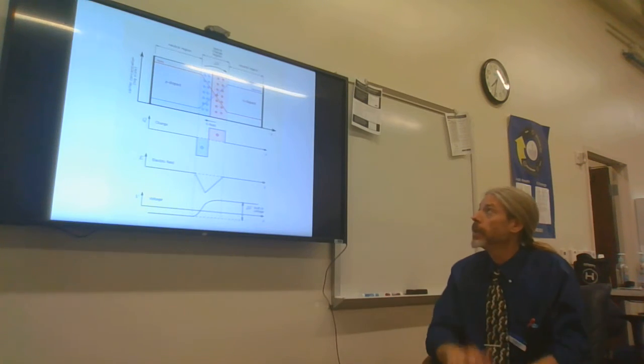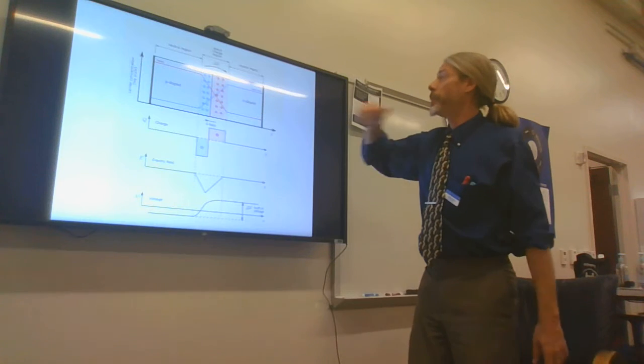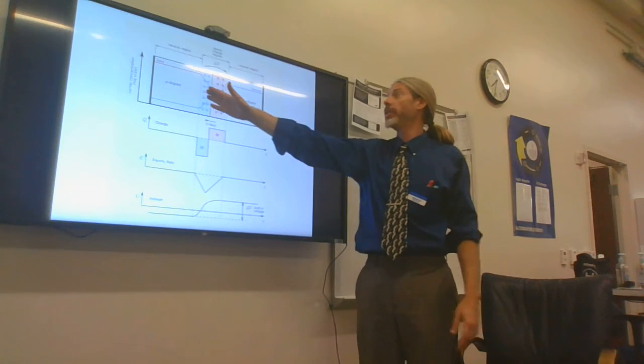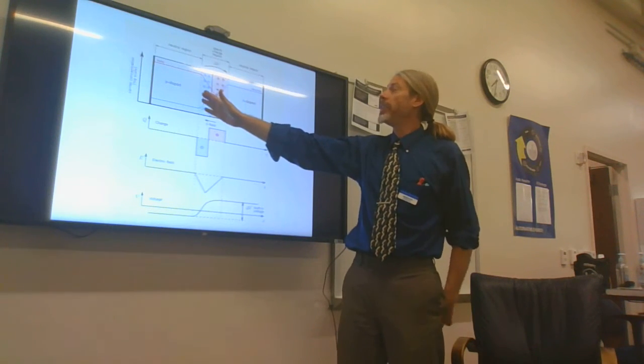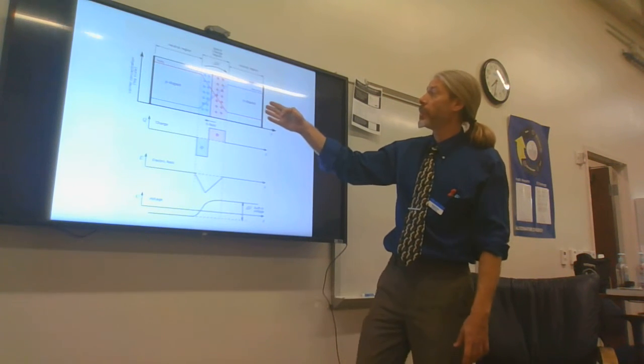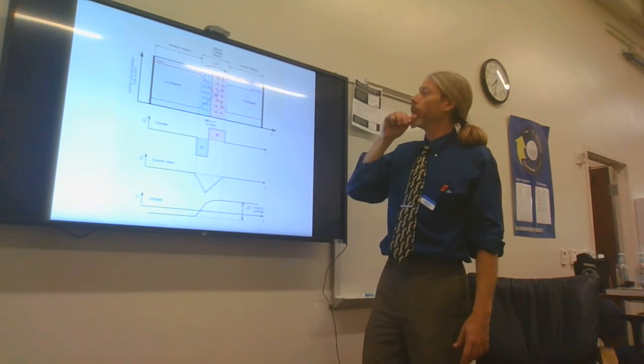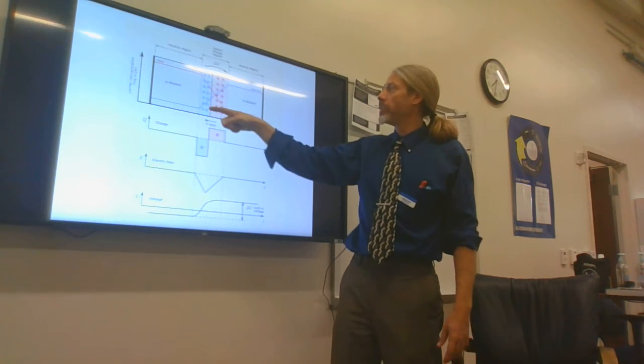No, no, no. So you have a p-doped region and an n-doped region. In the p-doped region, you end up having electron holes. In the n-doped region, you have additional electrons. Well, they automatically end up wanting to cross.